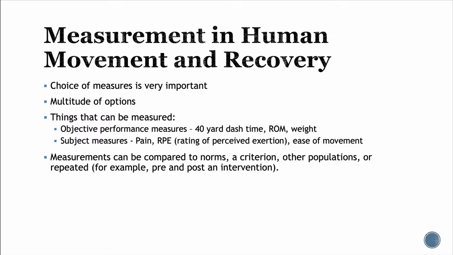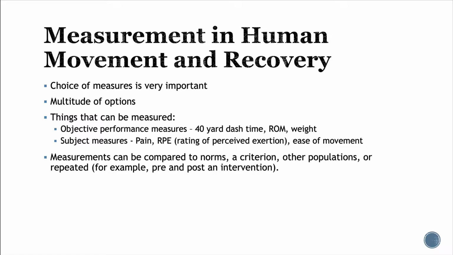So measurements that can be created include objective measurements, which are, again, things that we can physically measure with a device, whether it be a 40-yard dash time with a stopwatch or a laser timing system, range of motion, which we use a goniometer, or weight, which we can use a scale. Subjective measures are often a little more difficult to measure, but use some type of a scale as well.